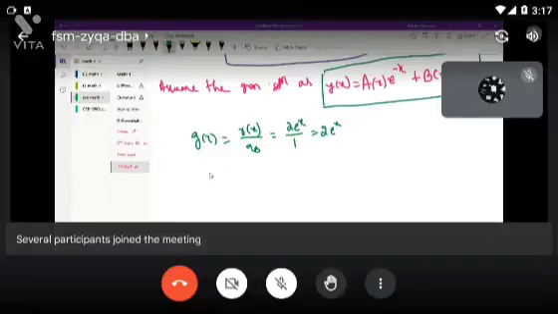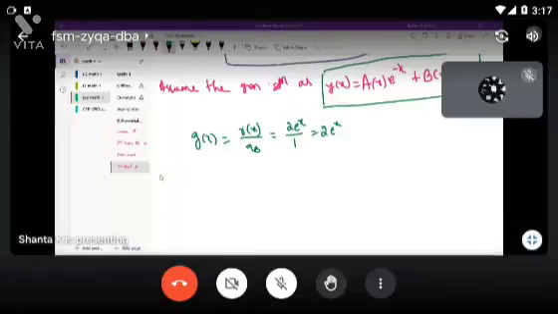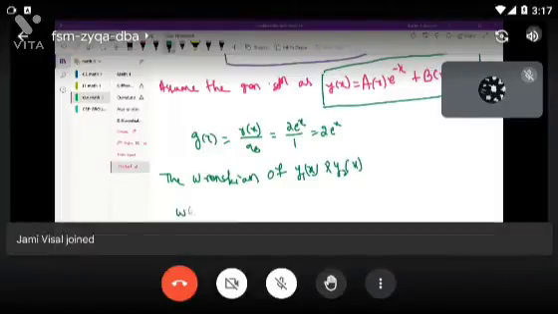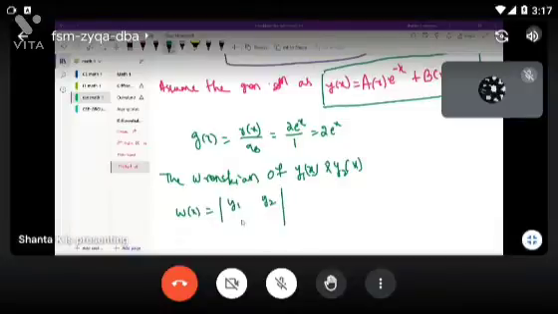So now the next thing is we will find the Wronskian of y1(x) and y2(x). So here W of x equals the determinant with y1, y2, and here y1 dash, y2 dash. Okay.